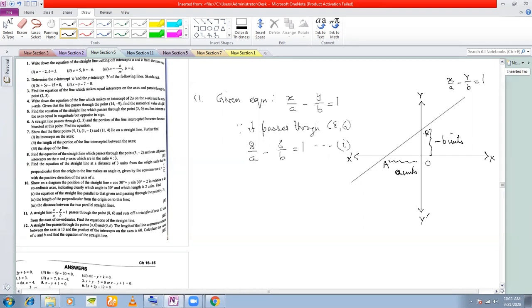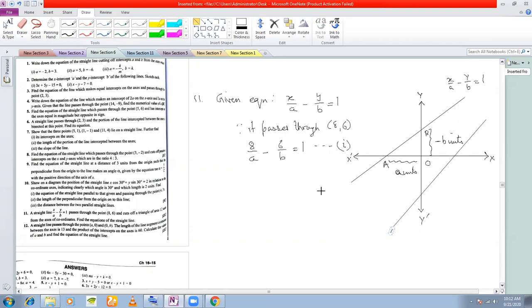But the point here is that it can be either this way, or remember it can also be this way, because a and b are of opposite signs. The straight line can also be taken in this manner.